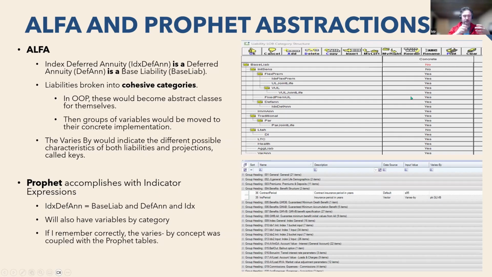That means it's an actual type that you've implemented. Furthermore, in Prophet they have this exact hierarchy, but they call it an indicator expression. So you have an indicator expression called base liability, deferred liability, and is index. Basically, this hierarchy is the same.